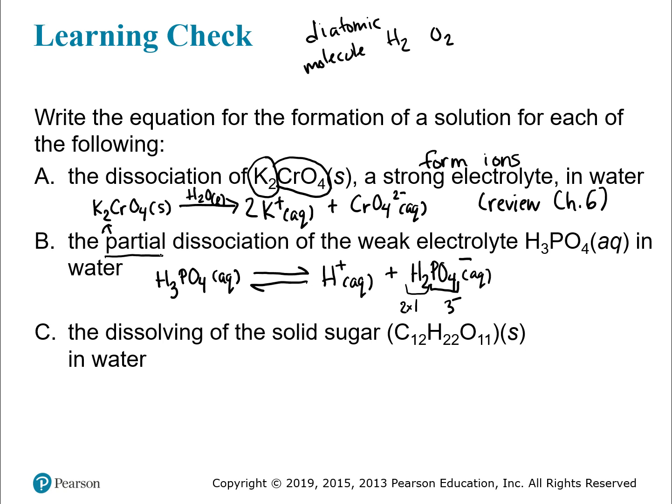Let's do part C. We've got solid sugar dissolving in water. Sugar is absolutely a polar molecule, but it's not going to form any ions. So this is an example of a non-electrolyte.